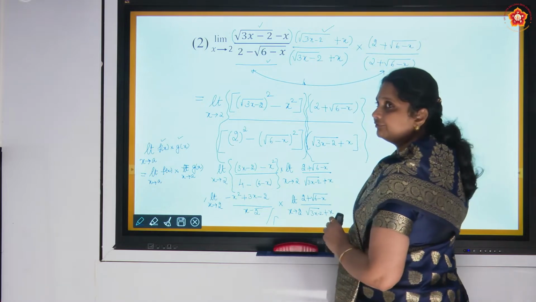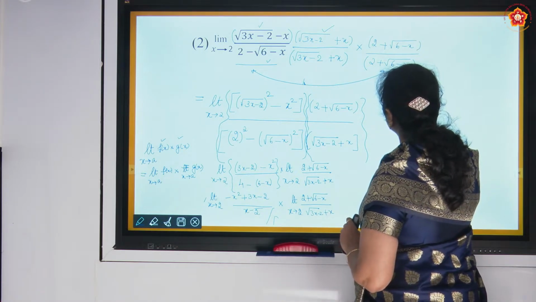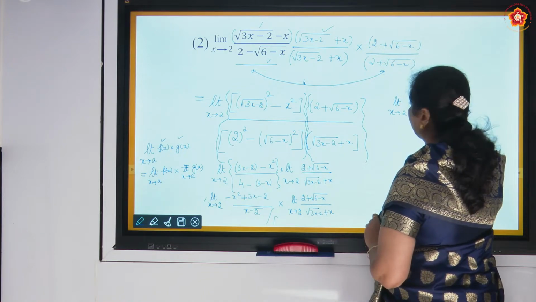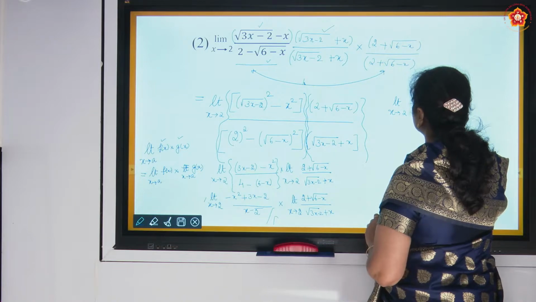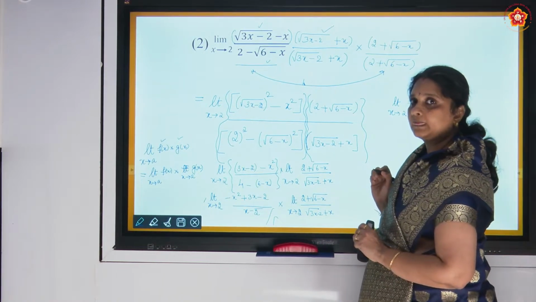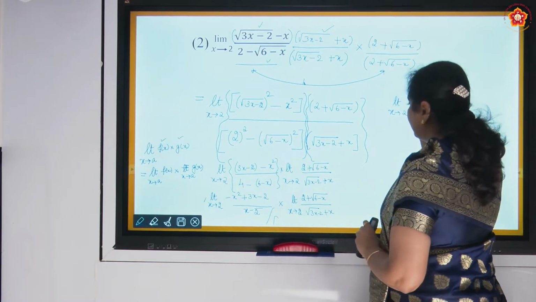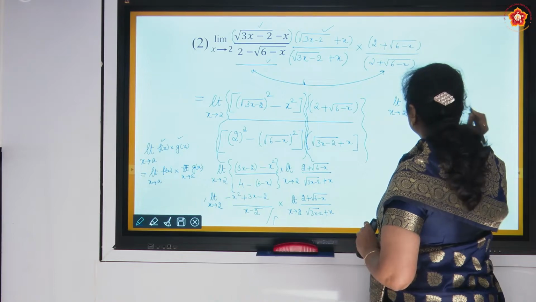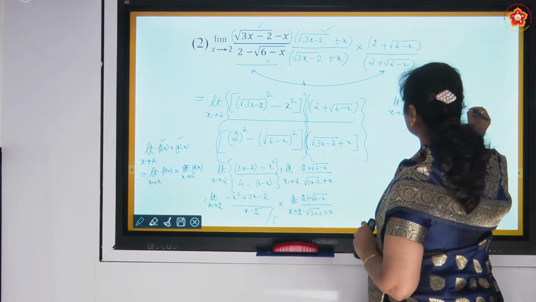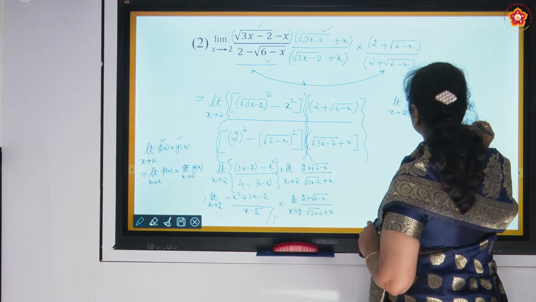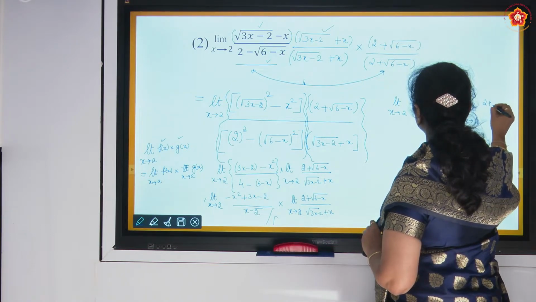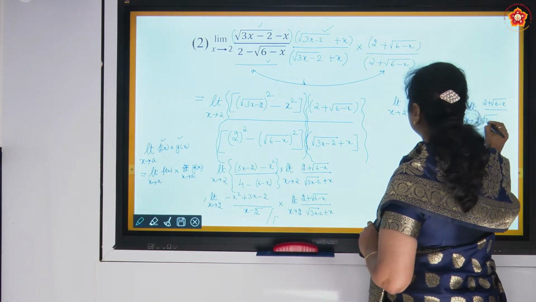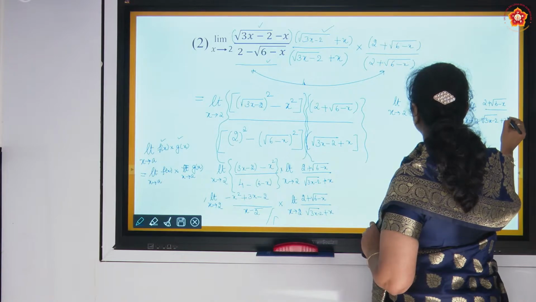So, I am going to have limit x tending to 2 minus of x square minus 3x plus 2 divided by x minus 2 into this part of the function, limit x tending to 2 plus root of 6 minus x divided by root of 3x minus 2 plus x.